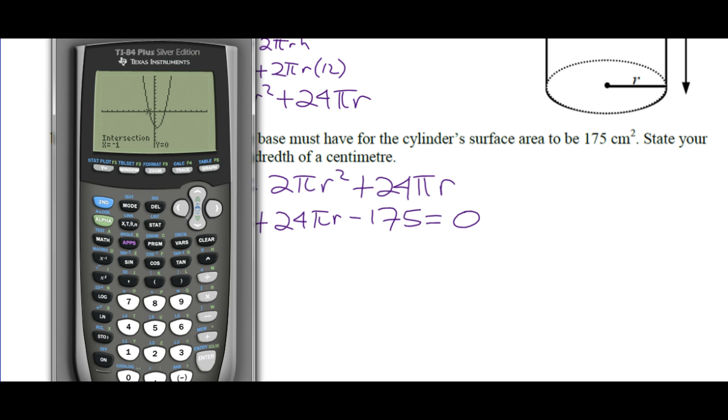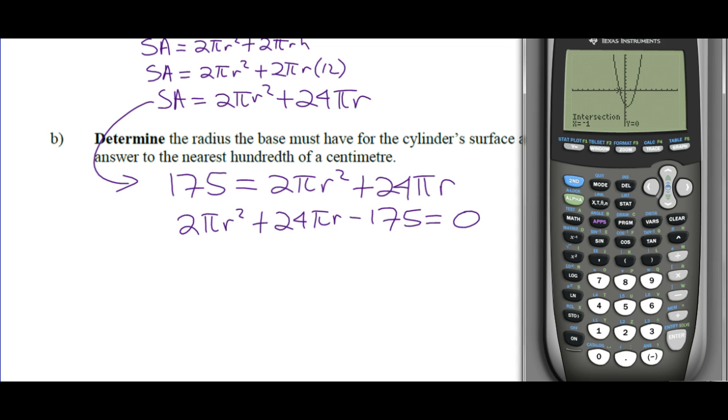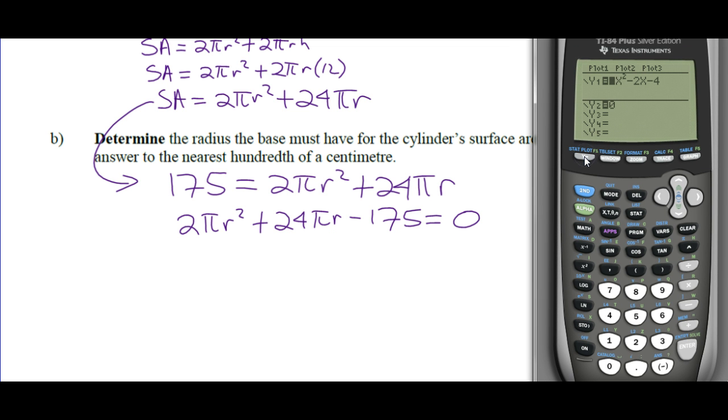Okay, let's pull the calc up and over. What do y equals? I'm going to leave y2 as 0, right? Because I still want a 0 there. I'm going to clear this out. So it's 2 second function pi x squared. Okay, we can't use r, we're going to use x, right?